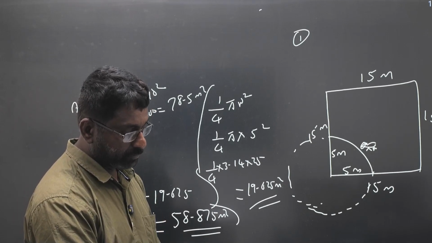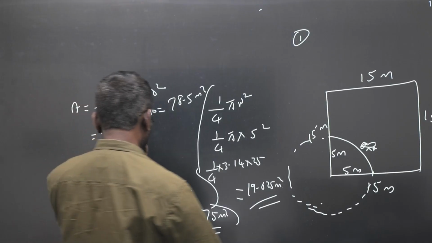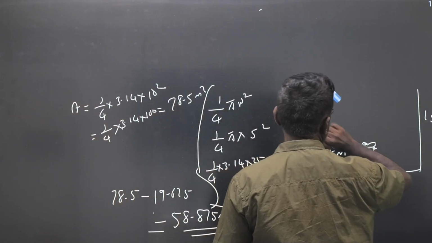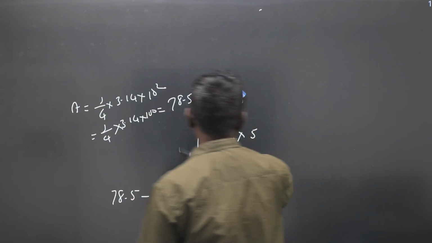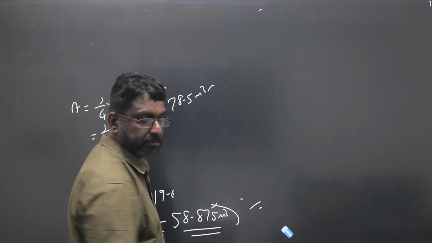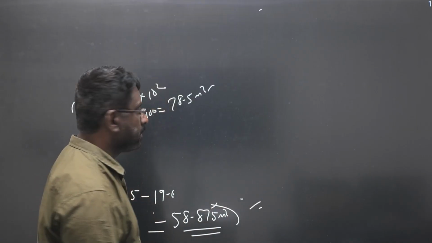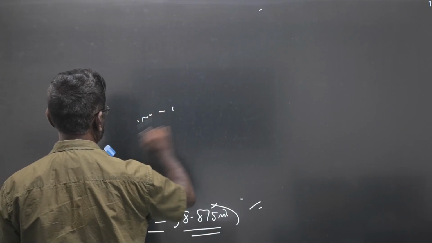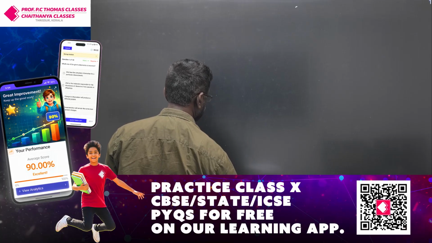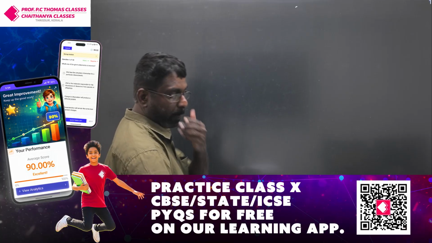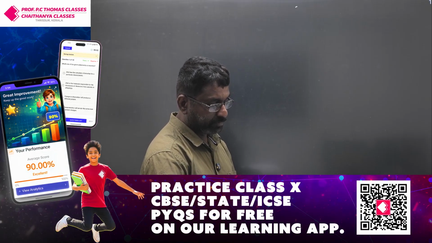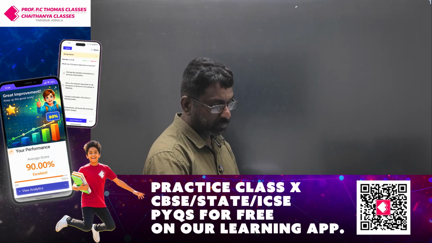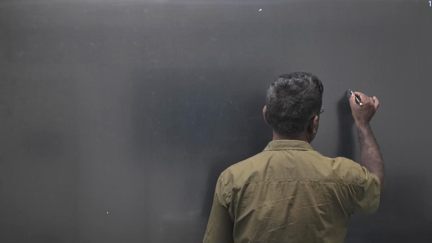Okay. Another question. An umbrella has 8 ribs which are equally spaced. Suppose this is the umbrella, like this.